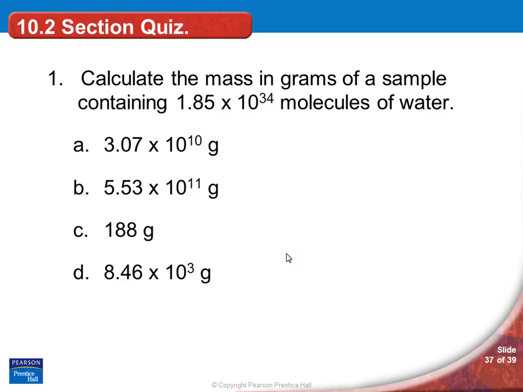Oh, this is what you're asking? Yeah. So this is going from liters to moles.